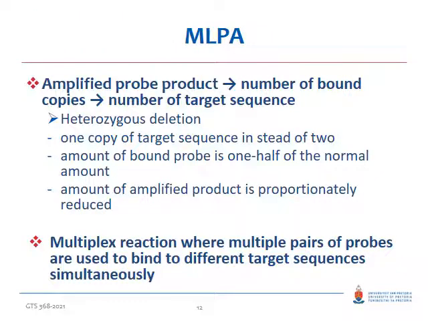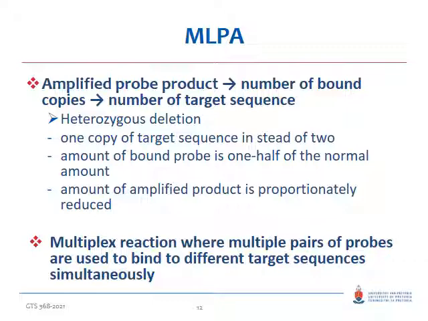The amount of amplified probe product is proportional to the number of bound copies of the probe, which then depends on the number of target sequences the probe has to bind to.